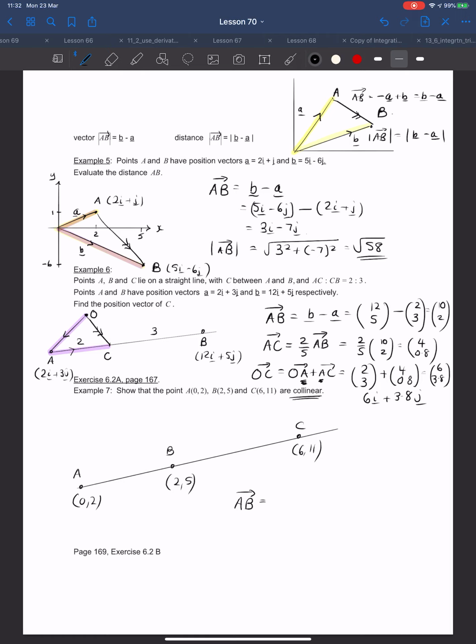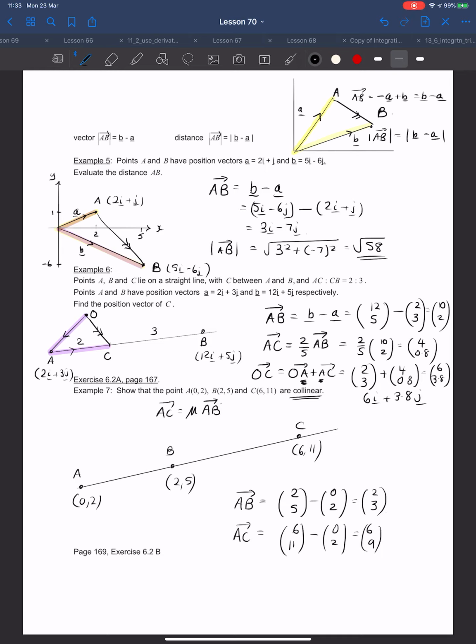So that means that A to C, which is longer, is a multiple of A to B. So we do A to B, which is 2, 5 minus 0, 2, which is 2, 3. A to C is 6, 11 minus 0, 2, which is 6, 9.